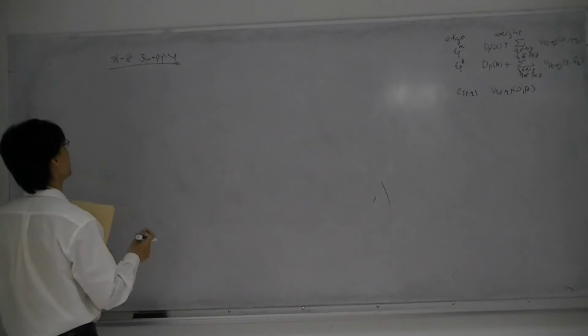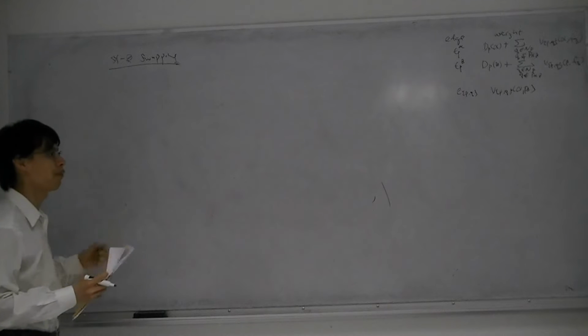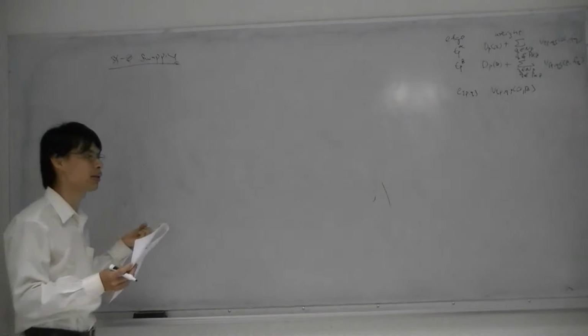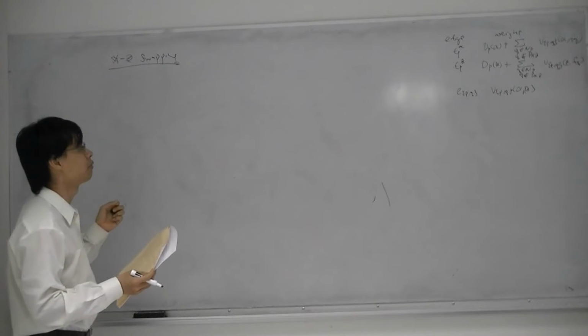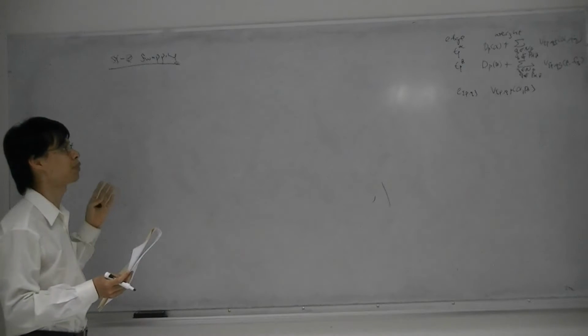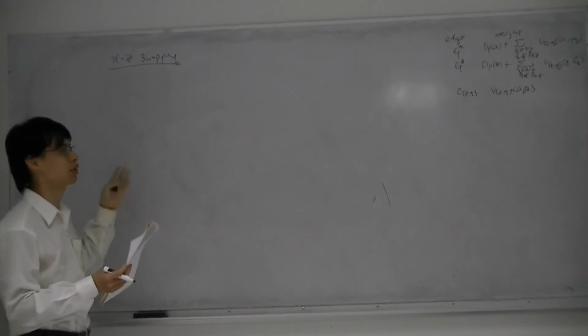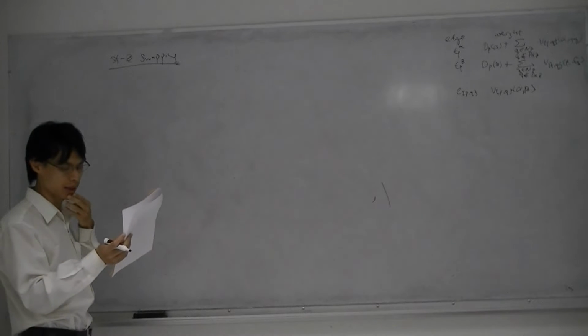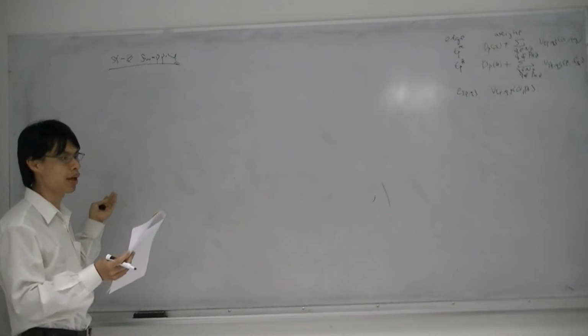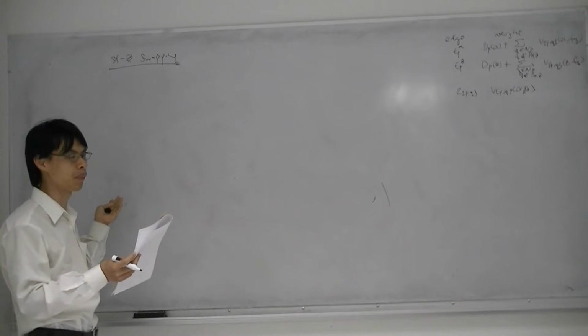So basically, if you have a swapping, what we need to do is map the swapping problem to this min cut problem, and make sure that the min cut solution will correspond to a swapping solution.